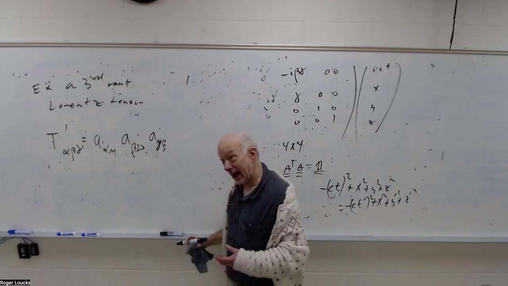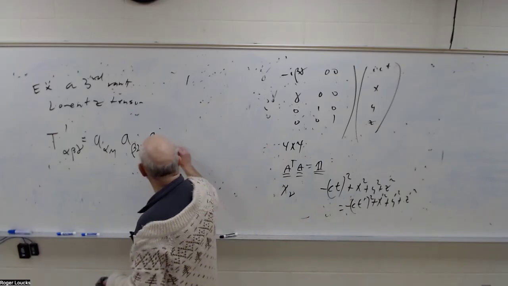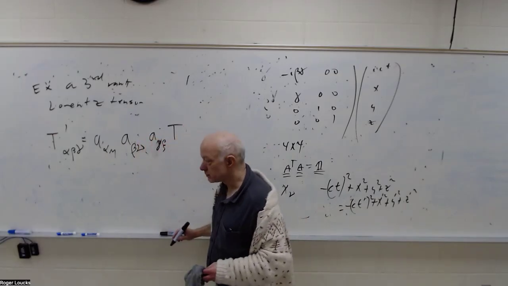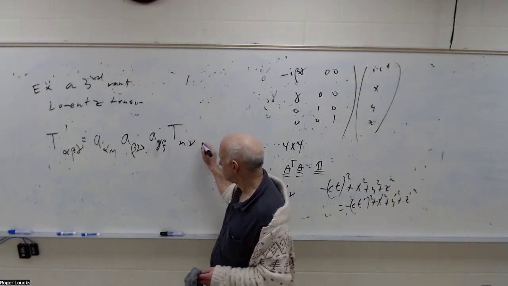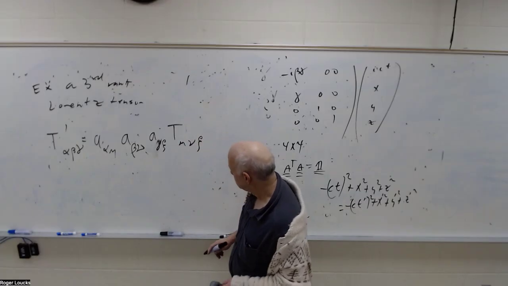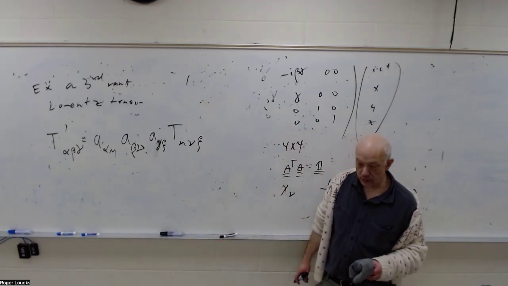In fact, the word axiom comes from the Greek word axios, which means worthy. T mu nu xi. Okay. That would be a third rank tensor.